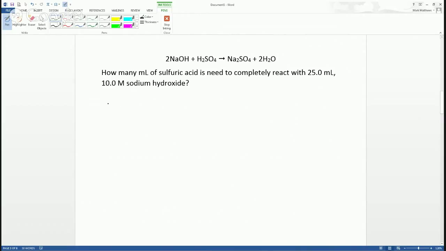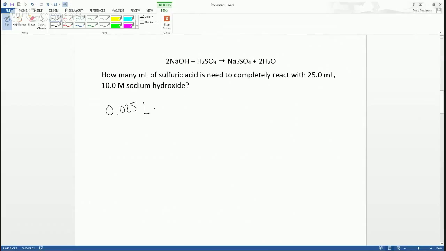So we take the volume, and again, I'm going to cheat, because most folks know how to convert milliliters to liters by this point. Plus, it saves me a little bit of space.